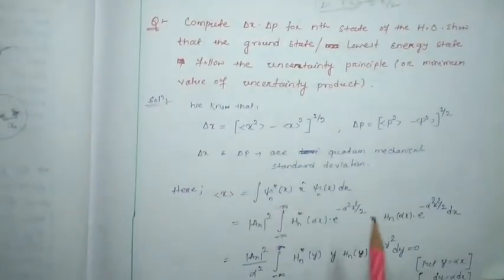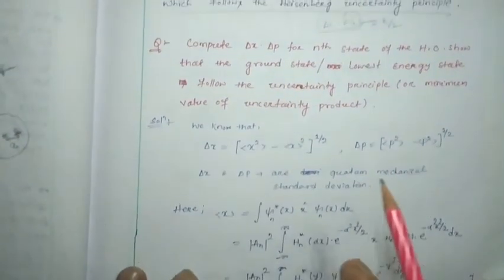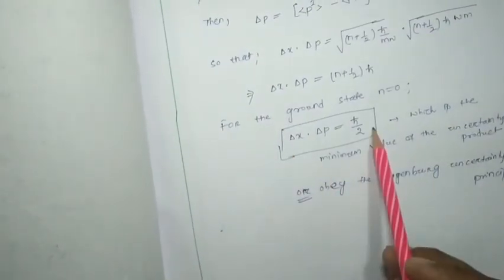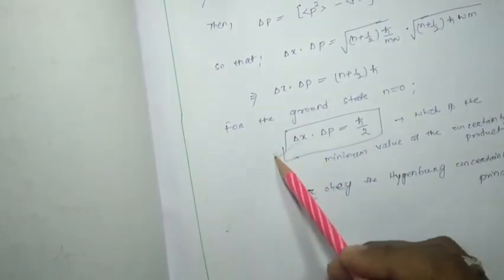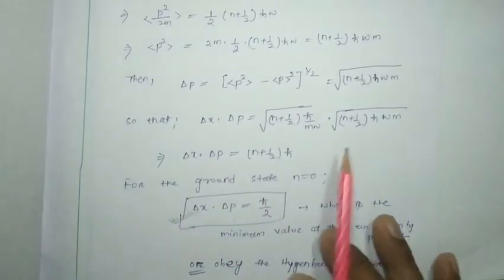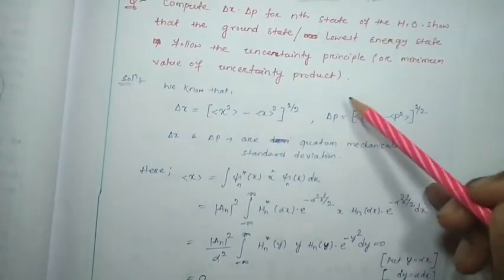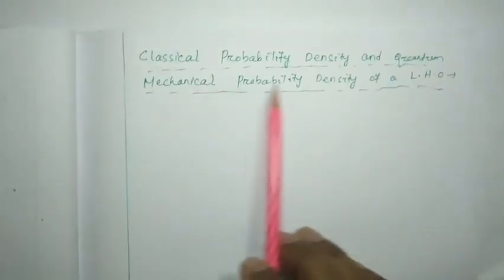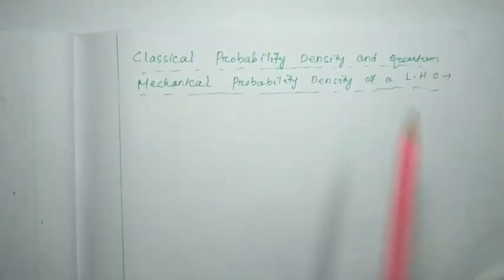Here I have written a question, but this is one type of proof that at the lowest energy state it follows the uncertainty principle, meaning there will be dynamics. We will discuss how it follows the Heisenberg uncertainty principle in our next class. Also in the next class we will discuss the classical probability density and the quantum mechanical probability density of the linear harmonic oscillator.